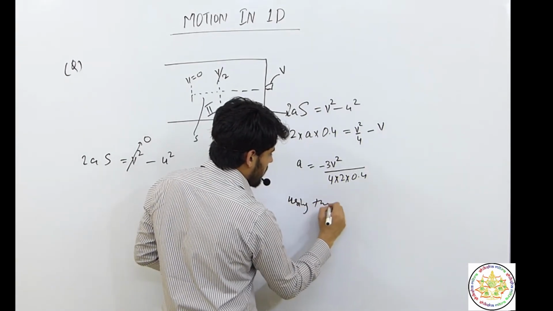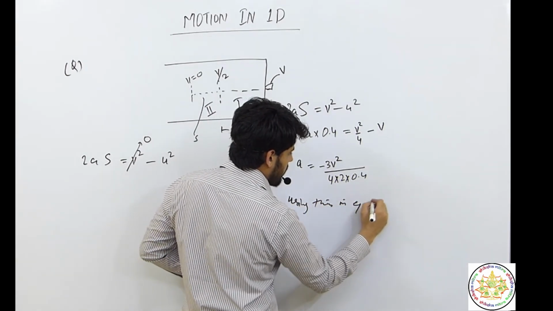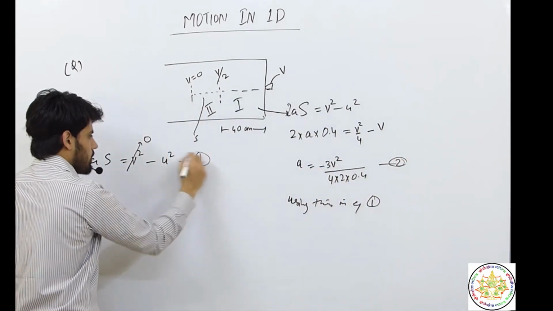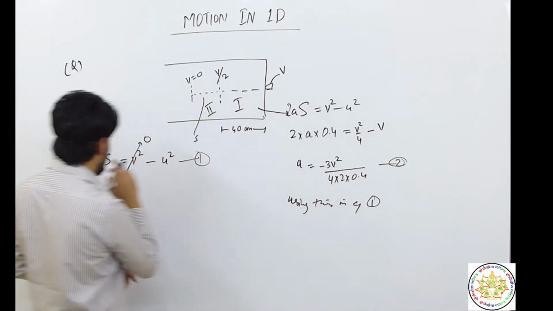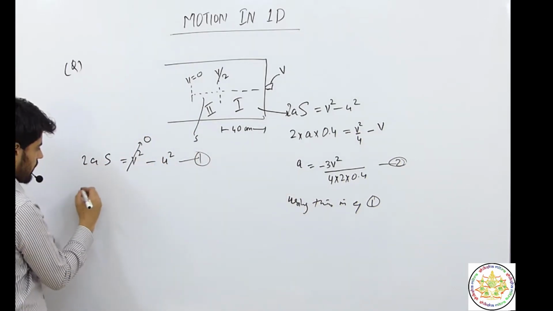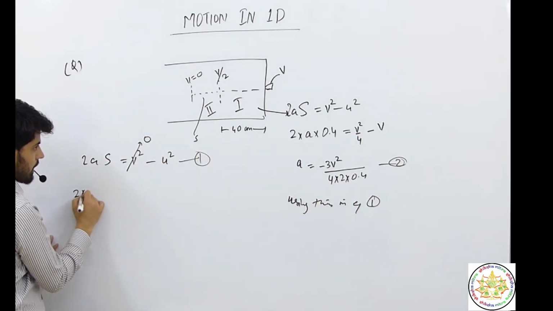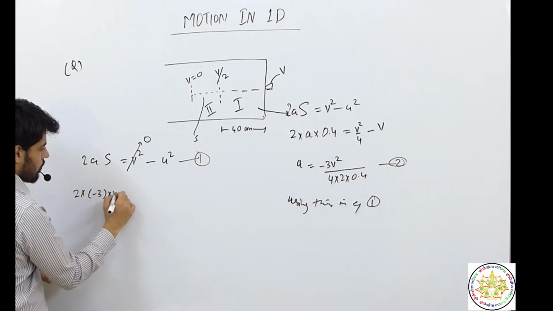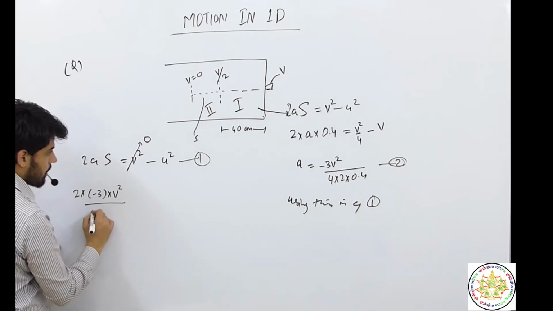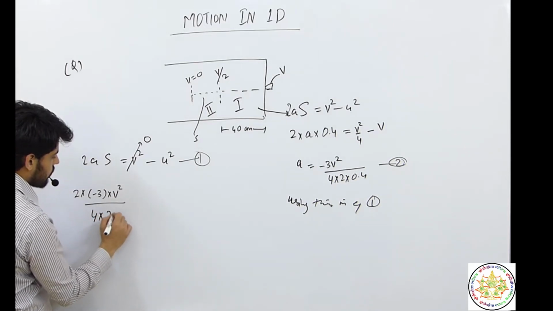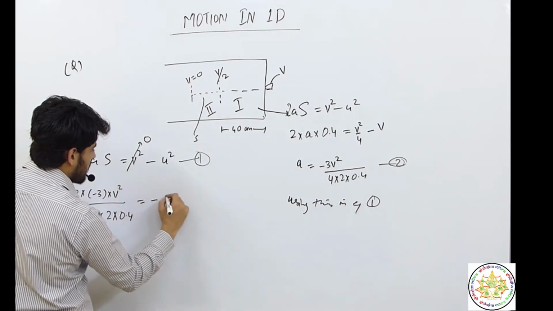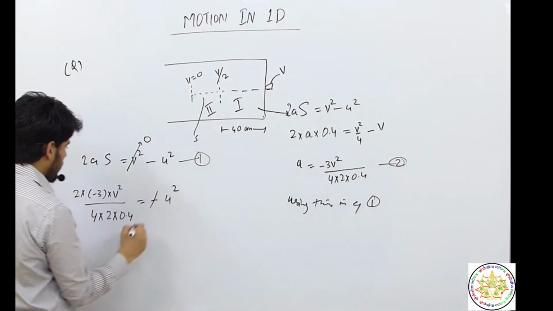Using this in equation 1, this is second and this was first. We use this equation in this, putting the value of acceleration in equation 1. So 2 multiplied by minus 3 into v square divided by 4 into 2 into 0.4, that is equal to minus u square.